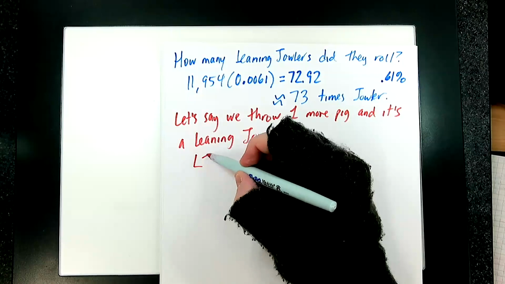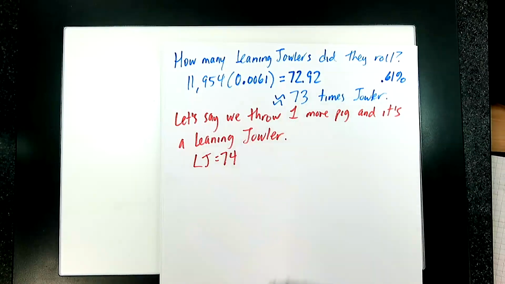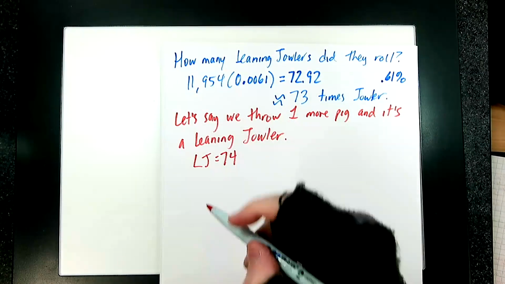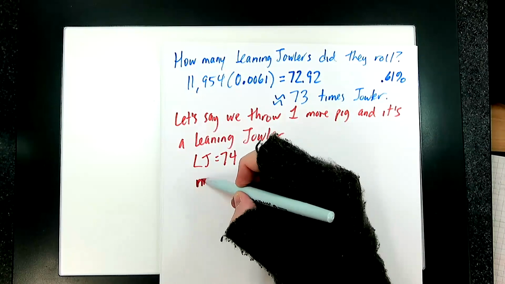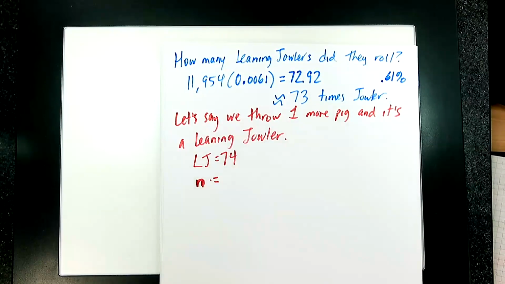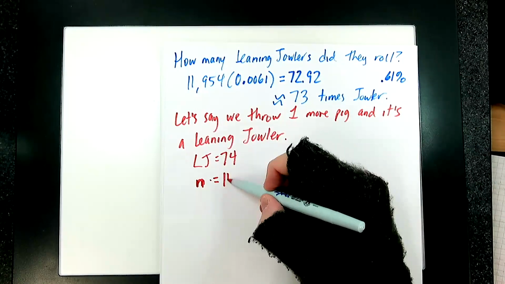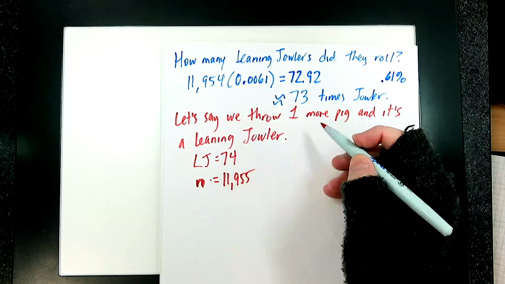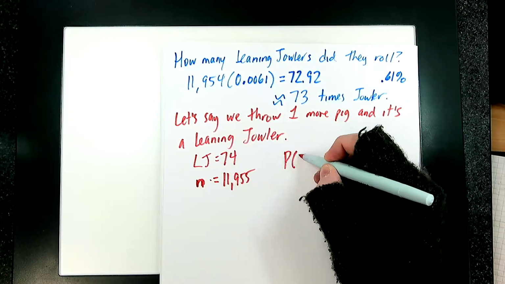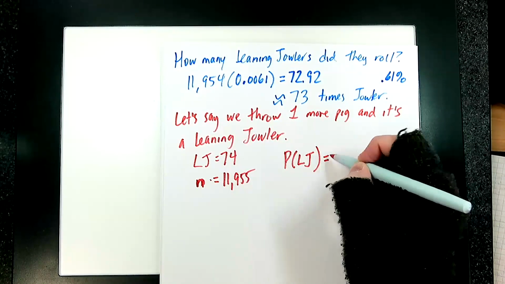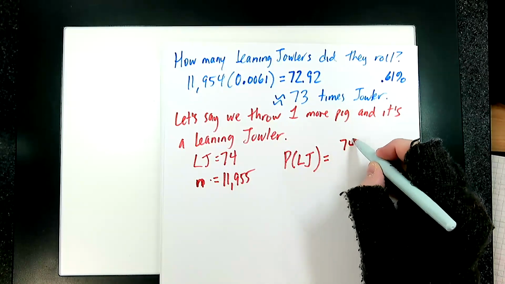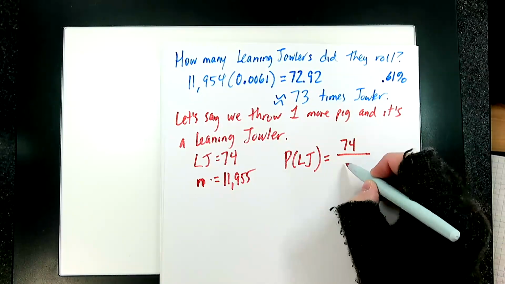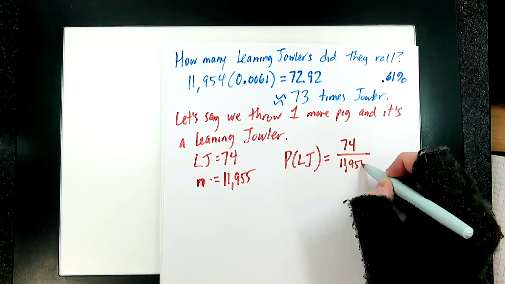Our leaning Geller count has gone up to 74. How many trials do we have now? We're now up to 11,955. Let's look at the probability of a leaning Geller now. It's the number of times the pig occurred over the total number of trials.